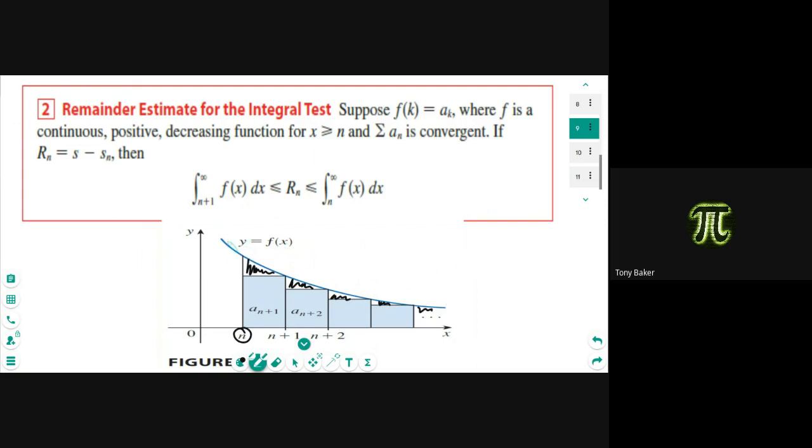So instead of trying to figure out all those extra blocks, I have a way to find my integral and find the actual answer of that integral. If I can find the actual answer of the integral, I know that my sum is within that area of the actual answer. Does that make sense? Yes? Good? Concept?